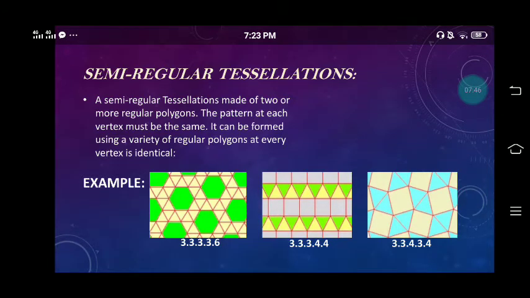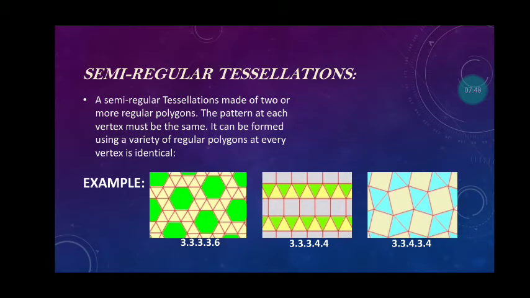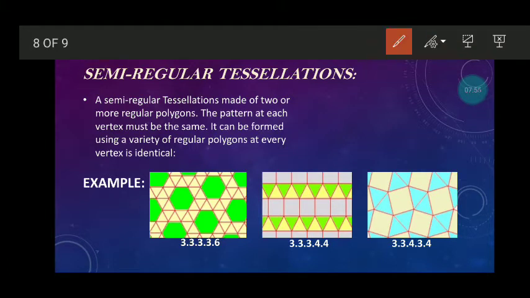For example, 3.3.3.3.6. Why is it 3.3.3.3.6? Let us see. These are the vertex points: 3.3.3.3, then 6 here.